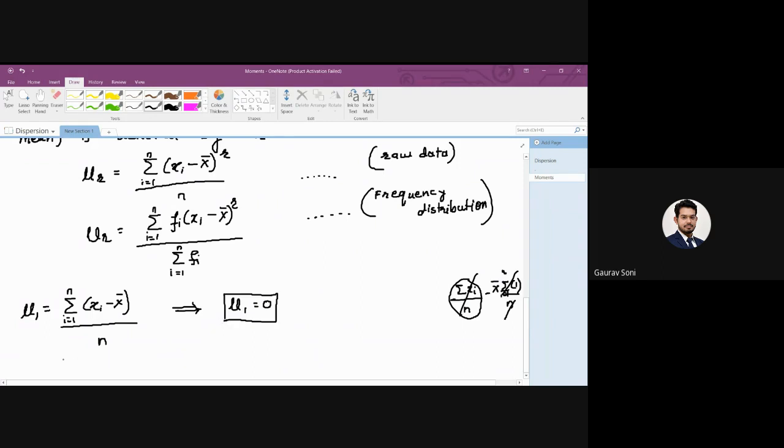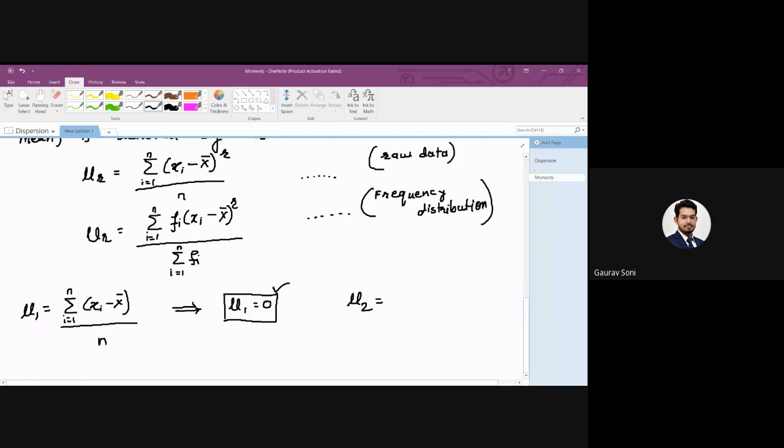Okay, always 0. What about mu2? Anyone, what is mu2? Look, what we have written is true for raw data as well as the frequency distribution. Now, mu2 will be the variance.